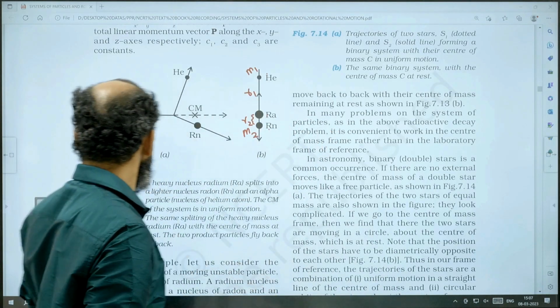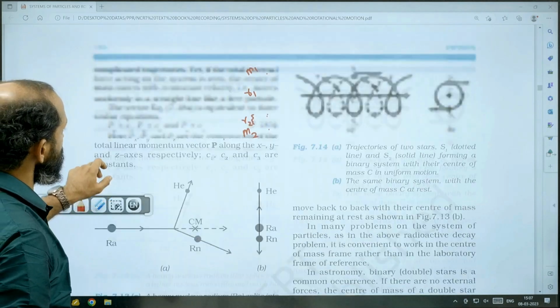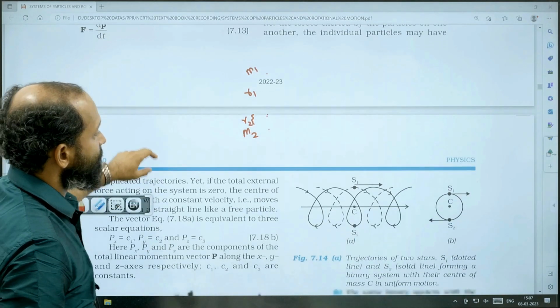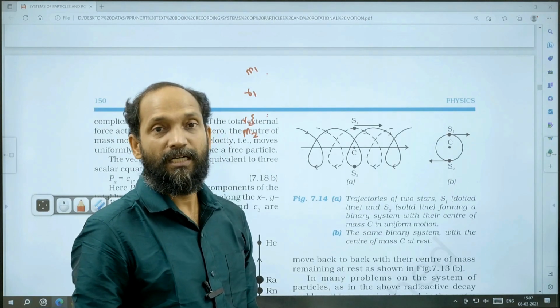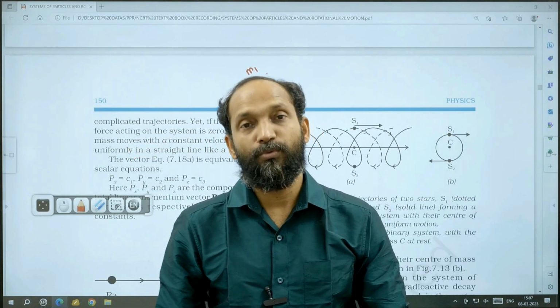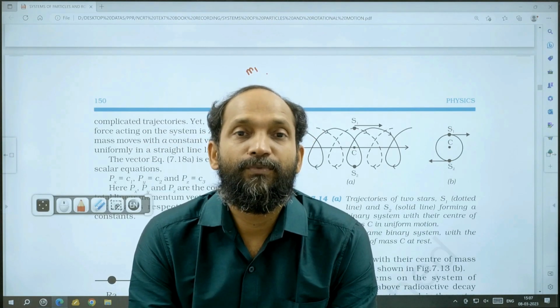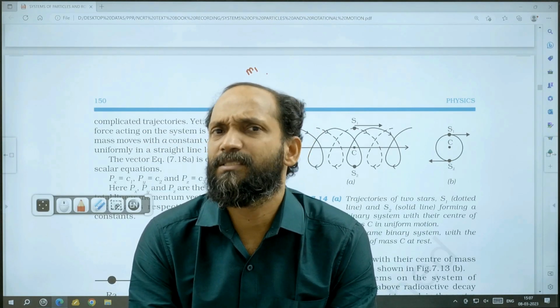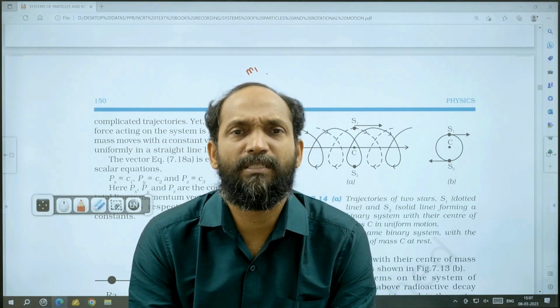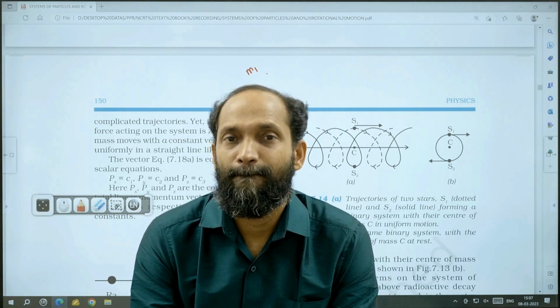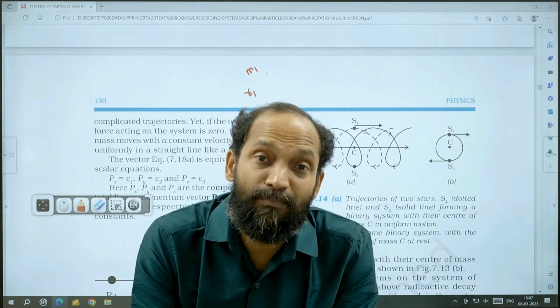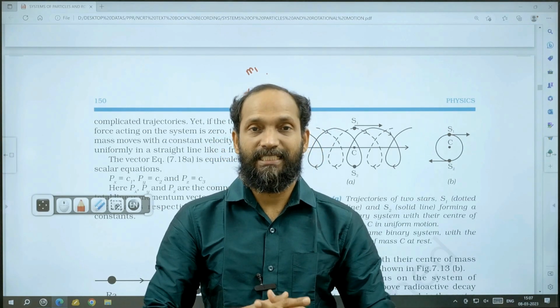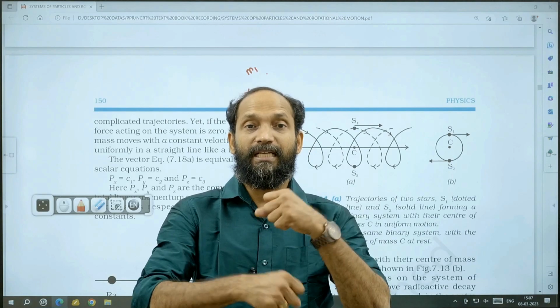One more example can be mentioned here. Here is the case of binary stars. Binary stars are two stars which have nearly equal masses, not exactly equal, comparable masses, which are revolving around each other under mutual gravitational attraction.